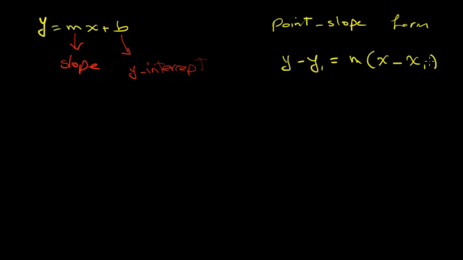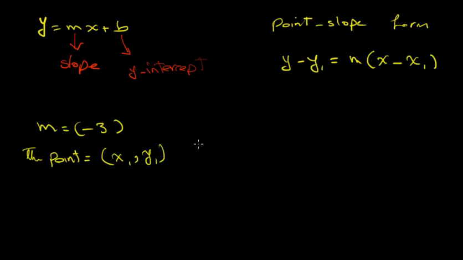Let's practice this concept. Given the slope of a line is minus 3, so m equals minus 3, and the line passes through the point minus 2 and 5, so the point, which we call x1 and y1, is minus 2 and 5. Now write the equation for this one.